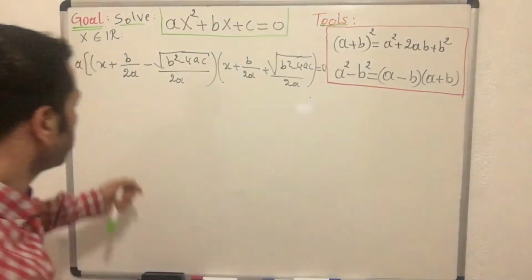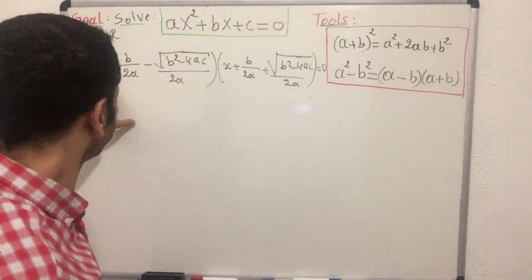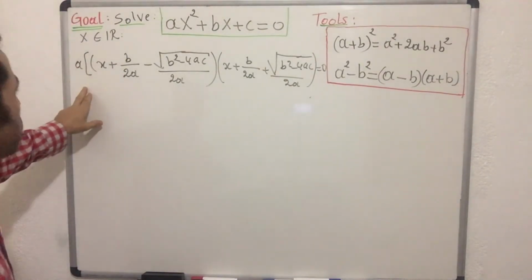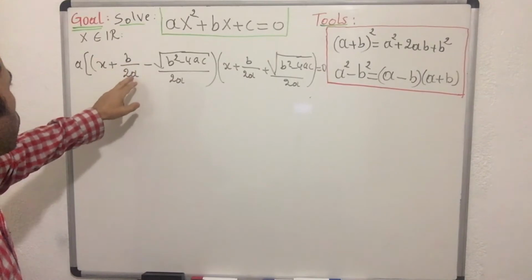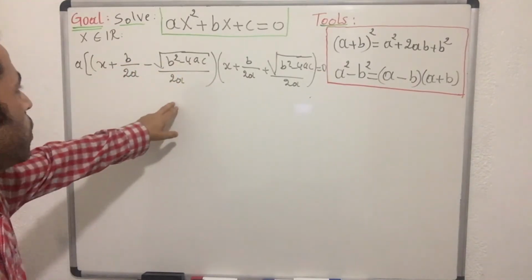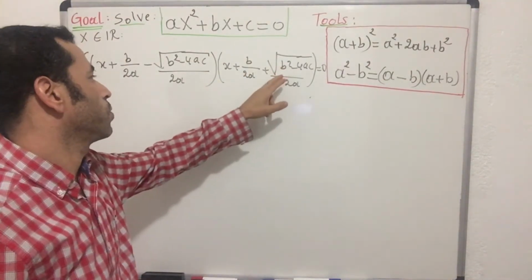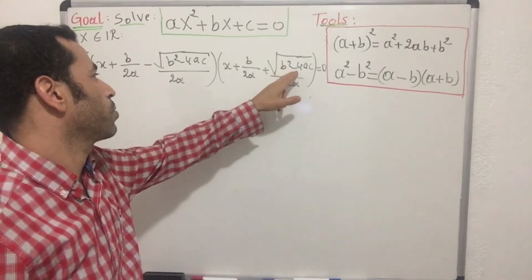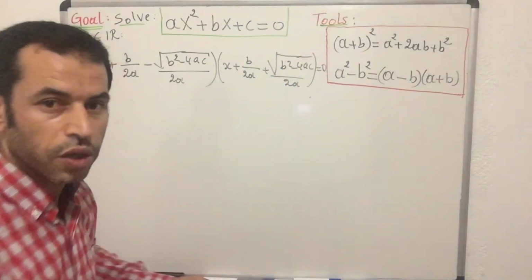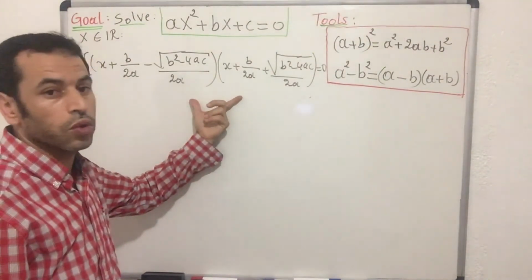Now in this step I have my new equation. Okay, a factor x plus b over 2a minus square root of b squared minus 4ac over 2a, factor x plus b over 2a plus square root of b squared minus 4ac over 2a. Now this equation contains two solutions.